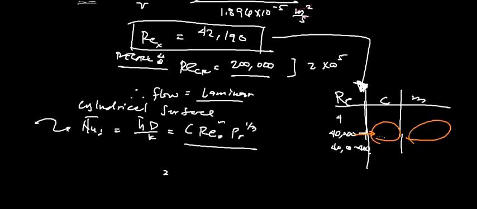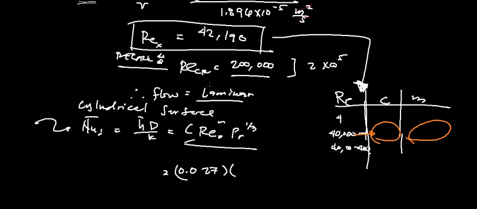Okay, so having that, the value of our C, based from my given table last time, is 0.027.